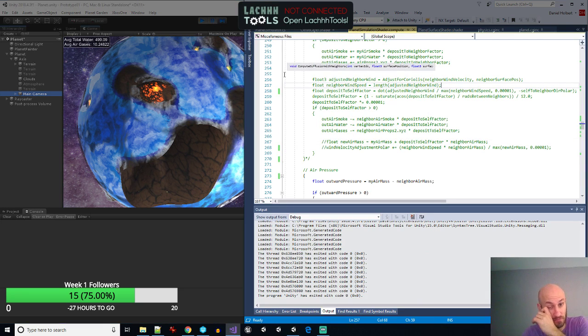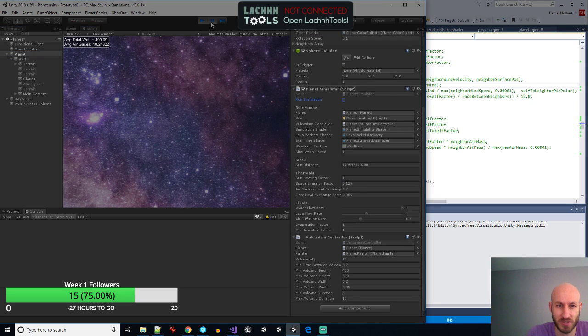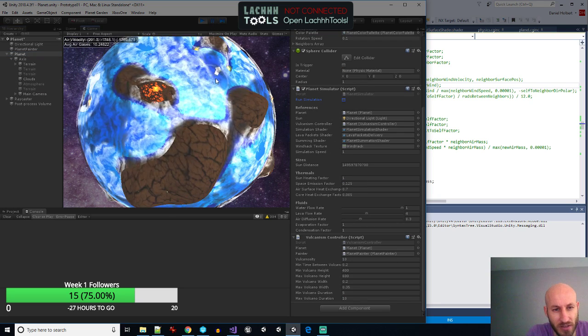re-enable the... and I should put a little slider in here to adjust the simulation speed so I can more easily look at values sometimes. But what I'm going to do for the moment is pause the simulation, but I can still look at my wind.